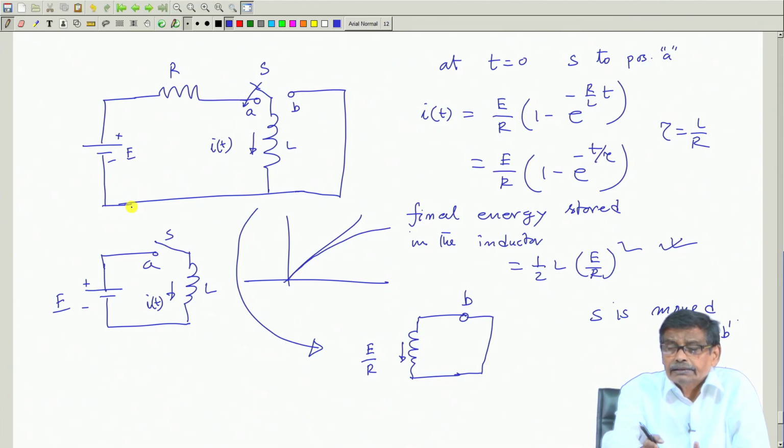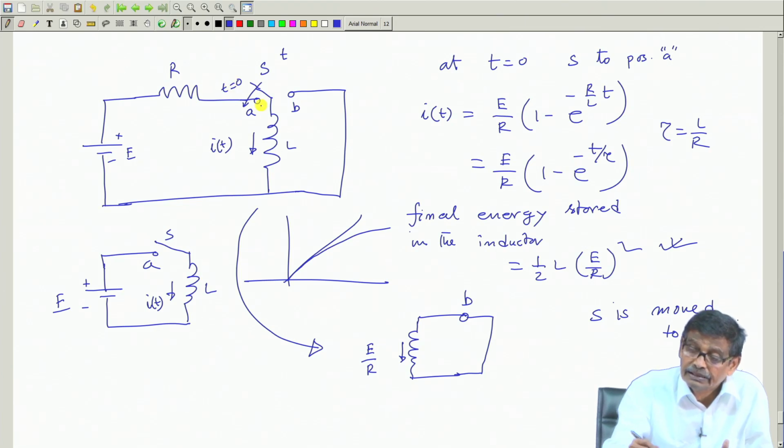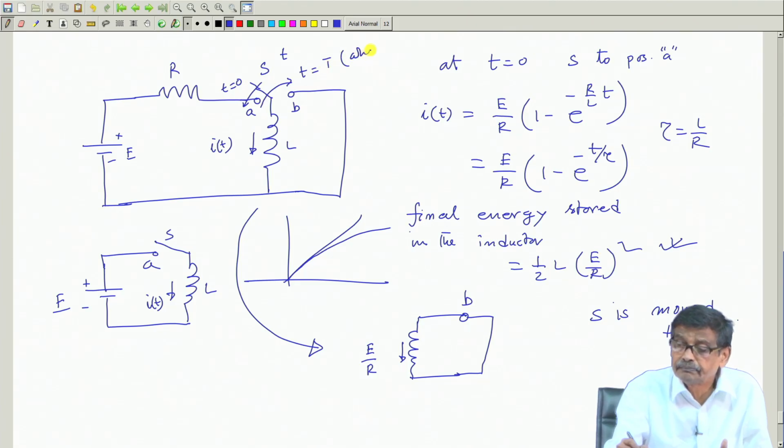And that energy, then if you want to avoid the unnecessary power loss in the resistance, you can make a circuit like this. Okay, charge the inductor, then move this to this, and when you do it, this next switching you do. So, this switching is done at t equal to 0, then this next switching A to B you do at say t equal to t, which is after a sufficiently long time.